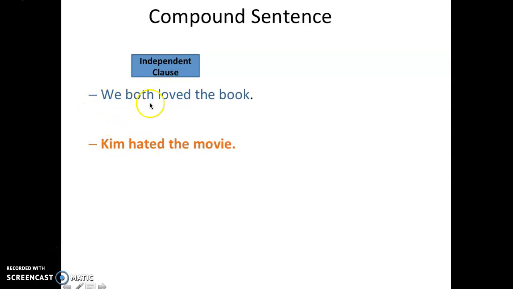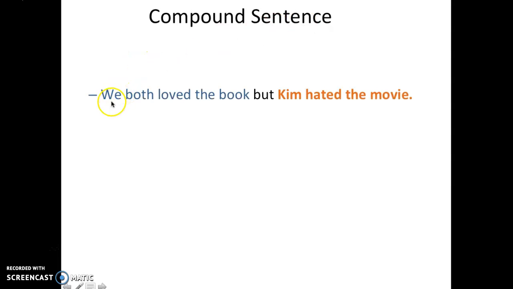Because you have your subject here, the verb, but the idea, the action can stand alone. Okay, so if you just say we both love the book, perfect, it makes sense. Kim hated the movie, perfect, it makes sense. So these are two independent clauses, and in order to form a compound sentence, you have to put both of them together. So you could do this: we both love the book, but Kim hated the movie.